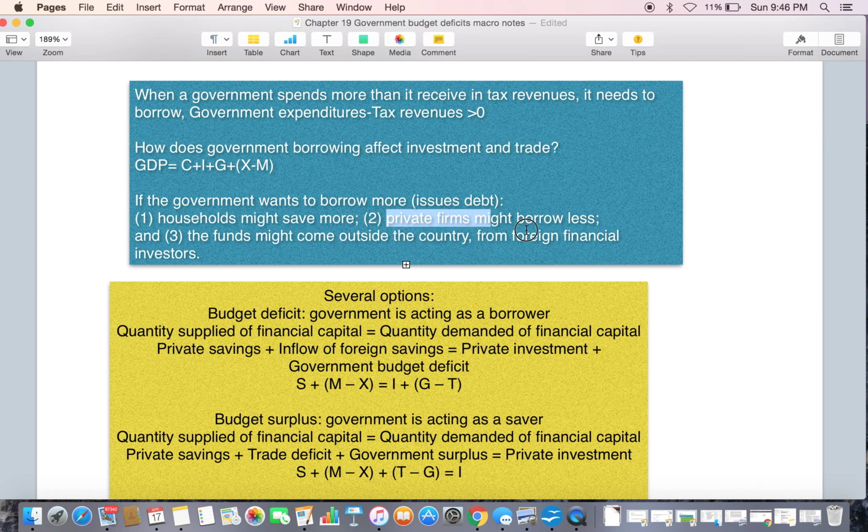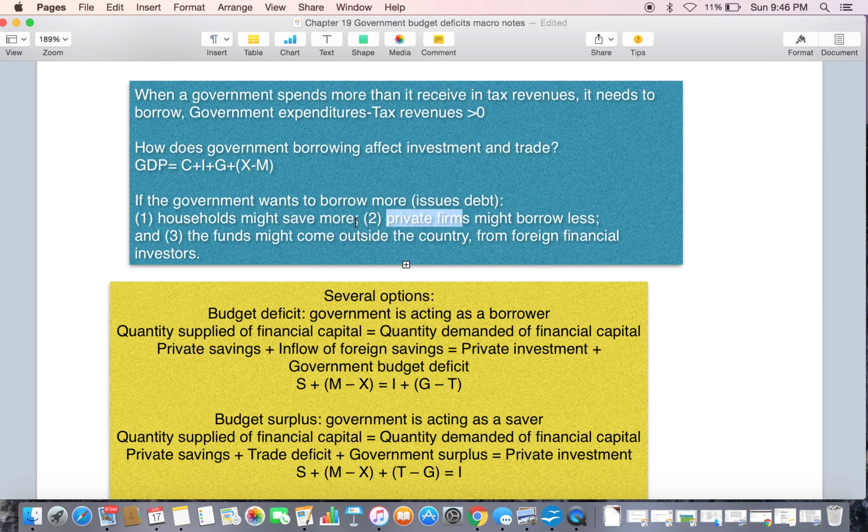Private firms might borrow less. So if they're borrowing less, households are able to shift their savings from corporations who are borrowing into now buying public debt or debt of the U.S. government. In addition, foreign financial investors can step in and buy our debt.